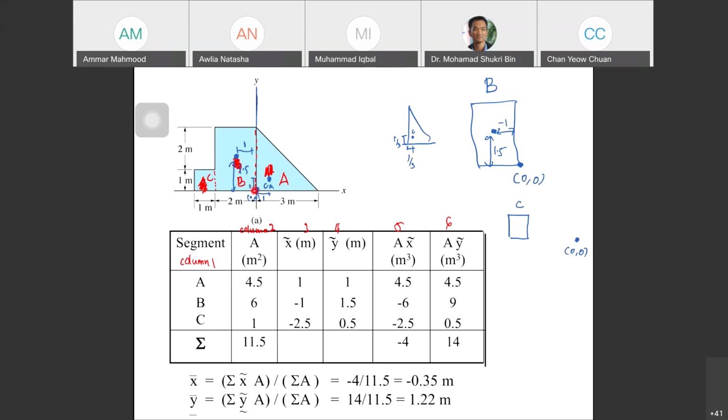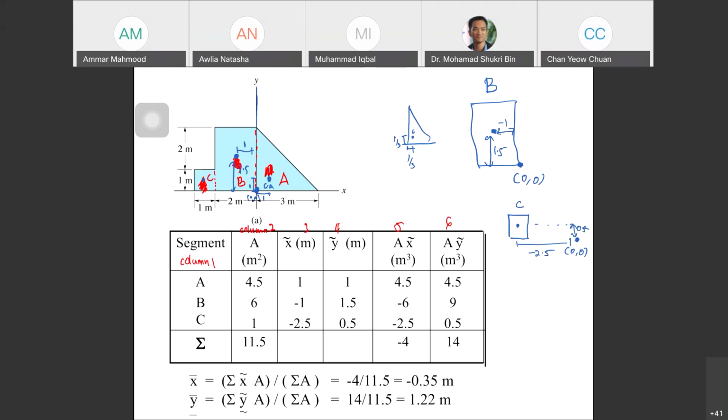So the distance from the origin until the center of small rectangle C is minus 2.5. And then the distance here is 0.5. So here is your center.